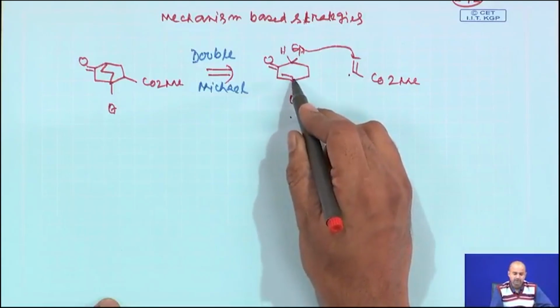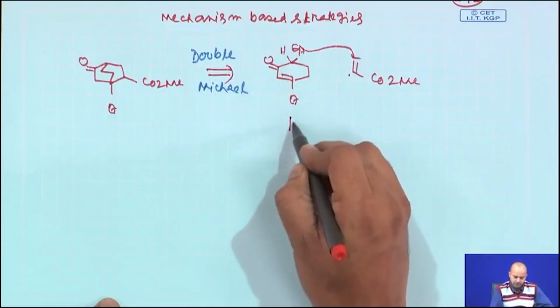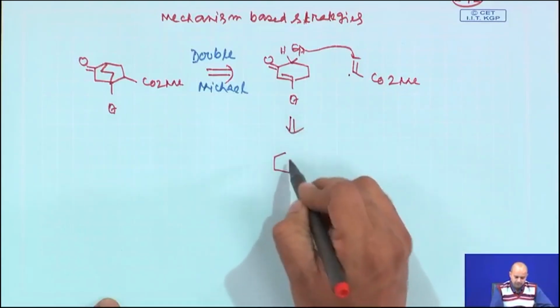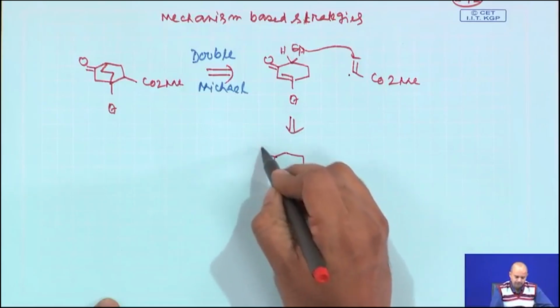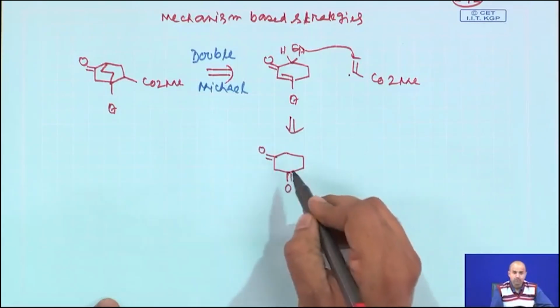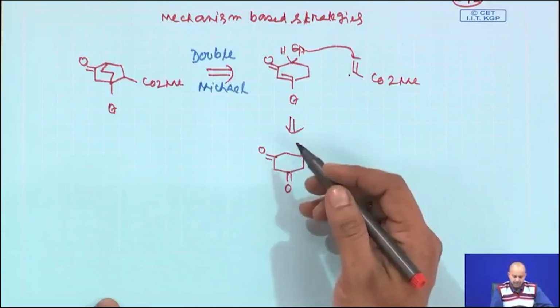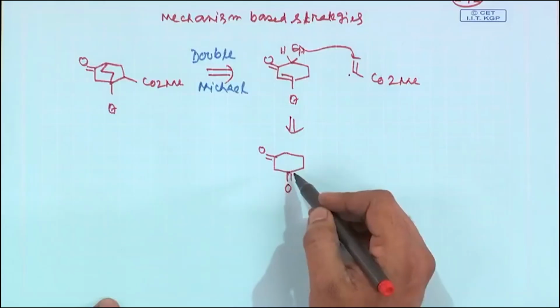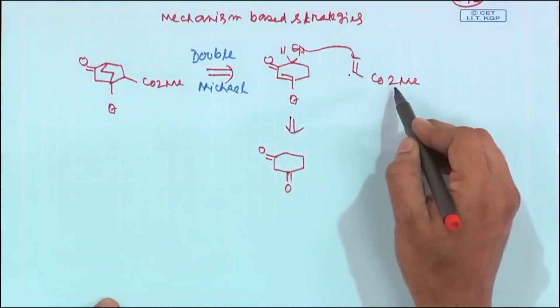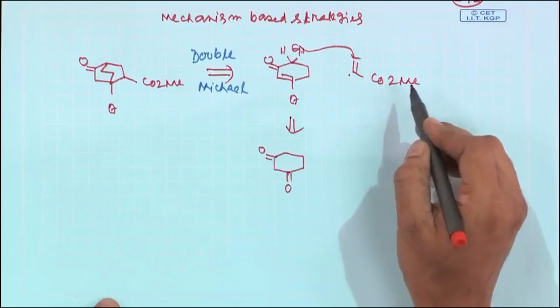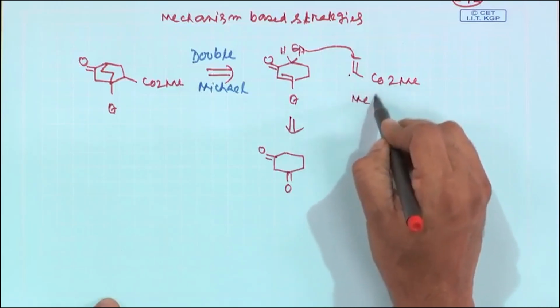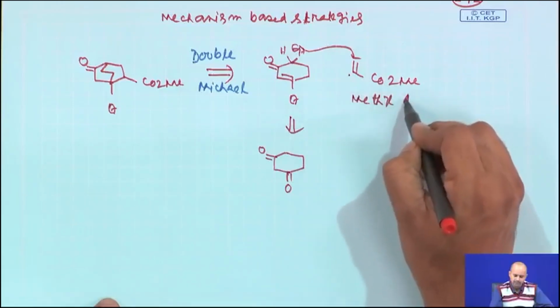Now, this compound is commercially available, and you can even make it starting from 1,3-cyclohexanedione. Probably this chemistry we talked about many times in our class, by allylic transposition. The compound methyl acrylate is commercially available.